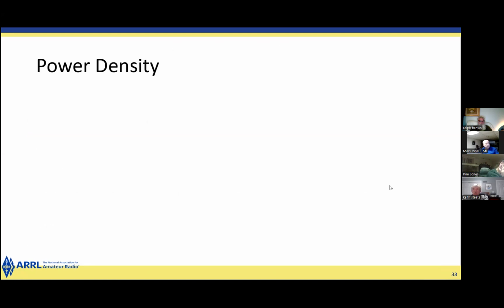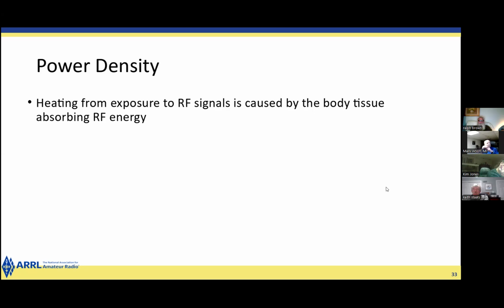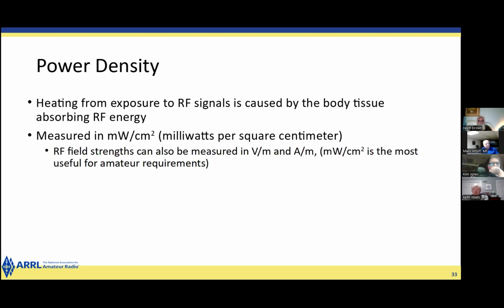Power density. Heating from exposure to RF signals is caused by the body tissue absorbing RF energy. This is not as big a deal as they're making it out to be here, but or it doesn't have to be.